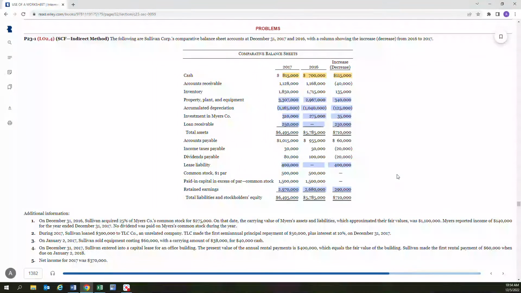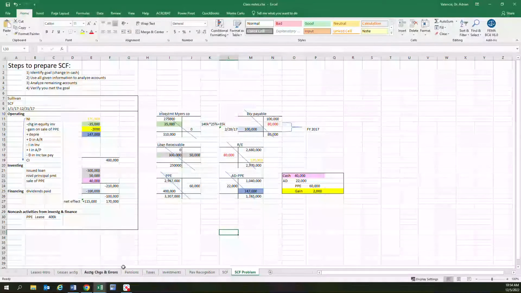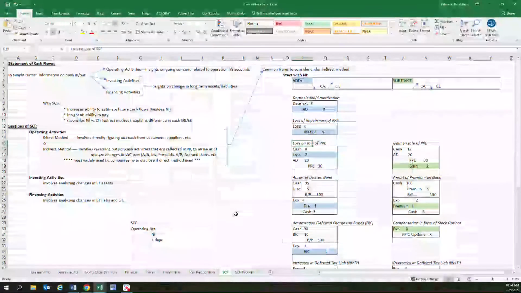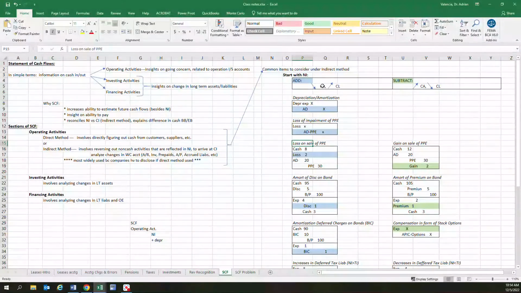But look at what we have here. The remaining accounts we don't have information for, but we can use the simple approach that we talked about right here, that basically says you're going to add any decreases to current assets and any increase to current liabilities.